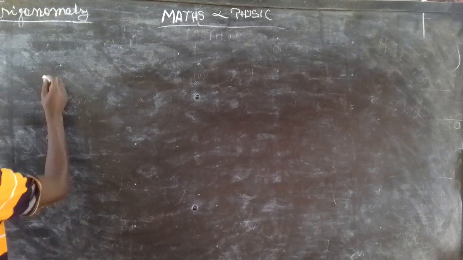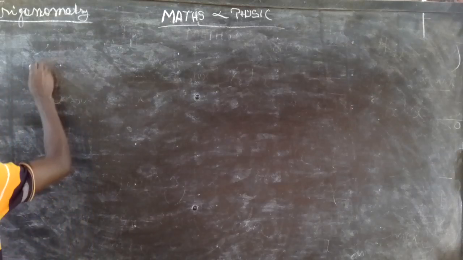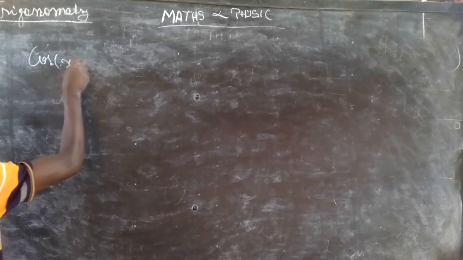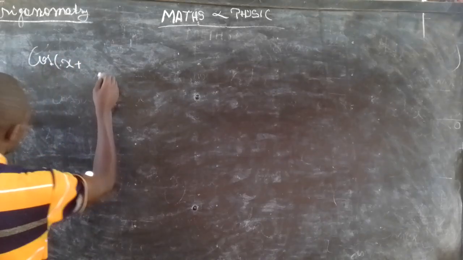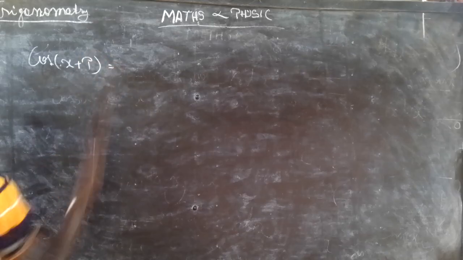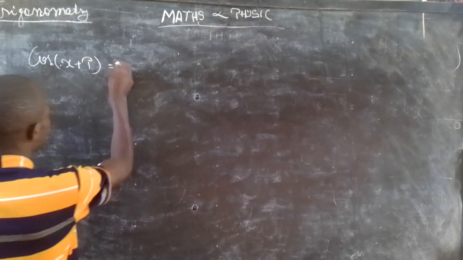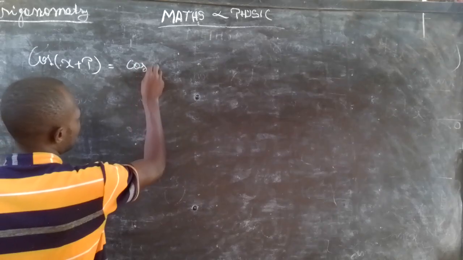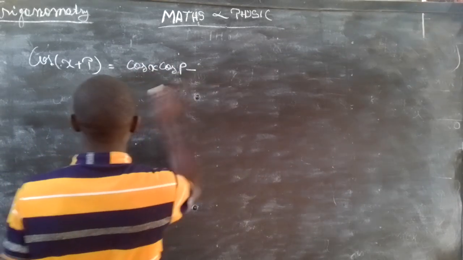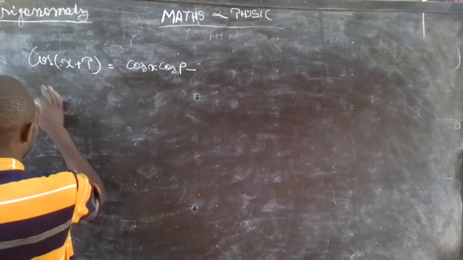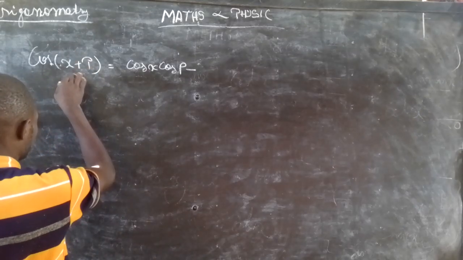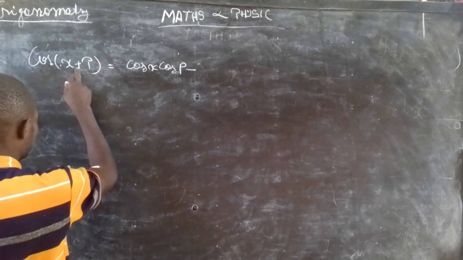Here we have cosine of x plus p. This will be equal to cosine x cosine p minus sine x sine p.